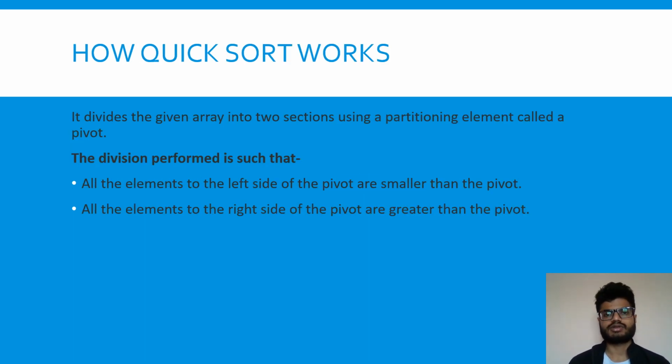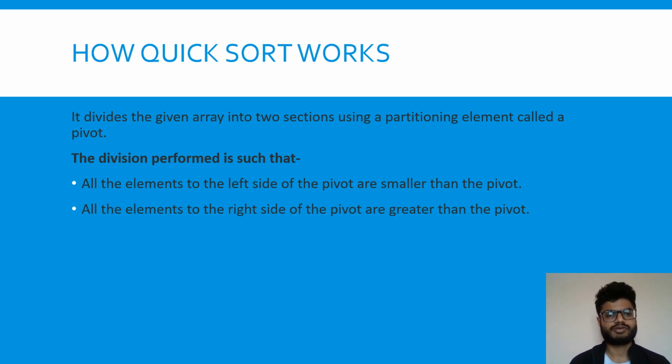So here's how quicksort actually works. It divides the given array into two sections using a partitioning element called a pivot. So quicksort divides the given big array into smaller parts, two parts, and the place from where it divides is known as the partitioning part, that is the pivot.